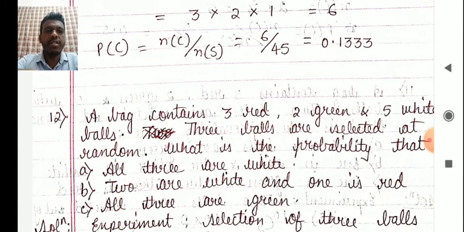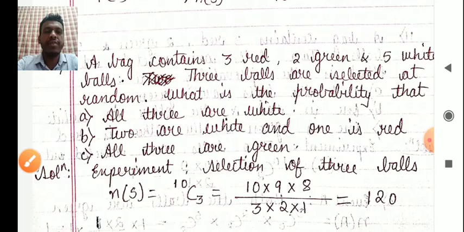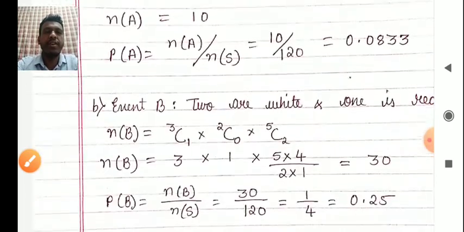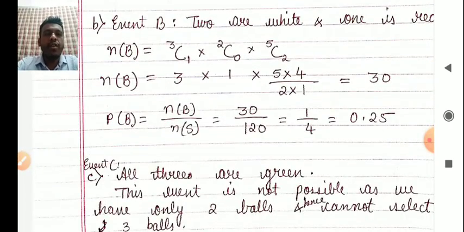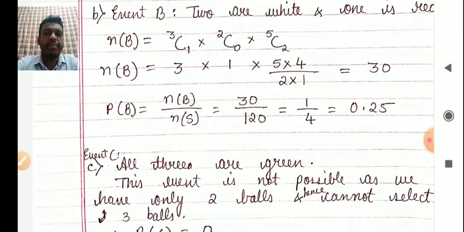So this is how we have to calculate. Similarly you have to calculate the probability also. N of B is 30 in this case. Probability of B is n of B upon n of S, which is equal to 30 upon 120, which is equal to 0.25. 120 we have calculated in a previous step.